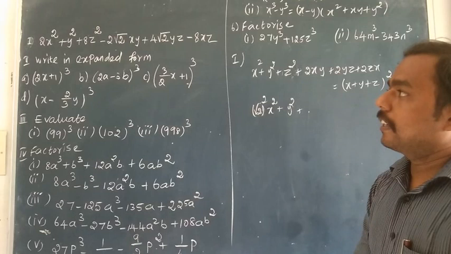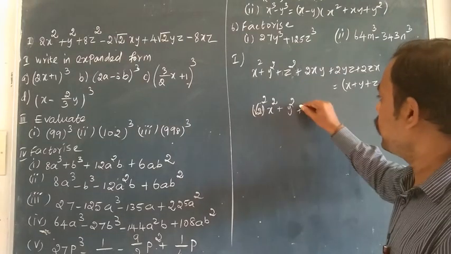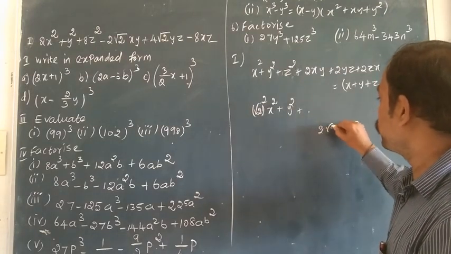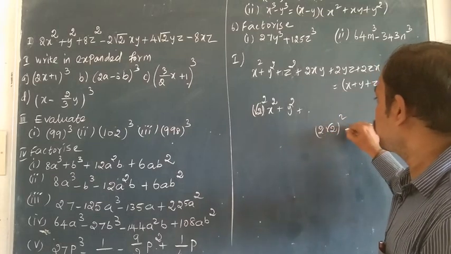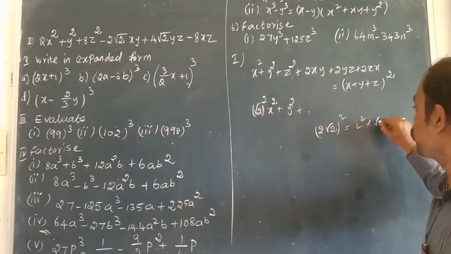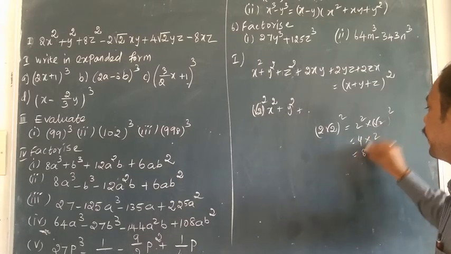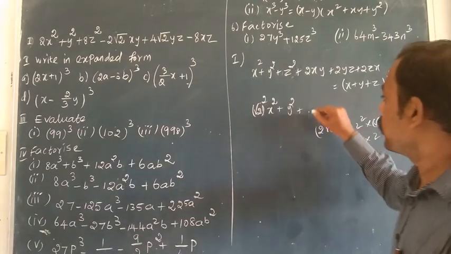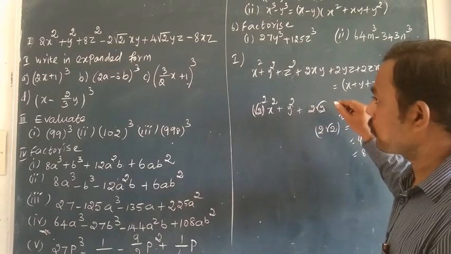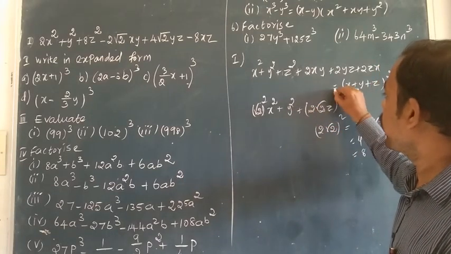How can we write 8 in the whole square form? We need to write 2 root 2 the whole square, that is 2 squared into root 2 the whole square, which is 4 times 2, so 8. So 2 root 2 into z the whole square.